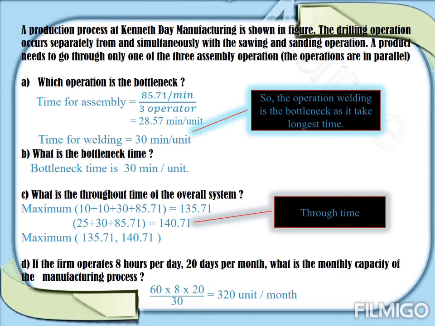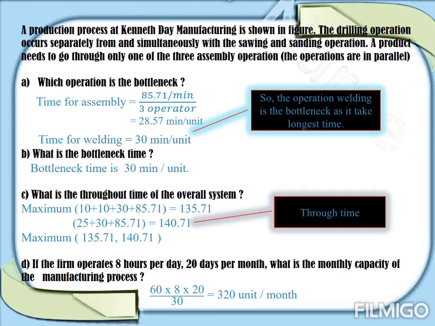From this information we know that these two operations are simultaneous, so we are able to identify two possible paths. The first path is sawing, sanding, welding, assembly, and the second path will be drilling, welding, and assembly. I emphasize again, this is because the drilling operation occurs separately from and simultaneously with the sawing and sanding operation.